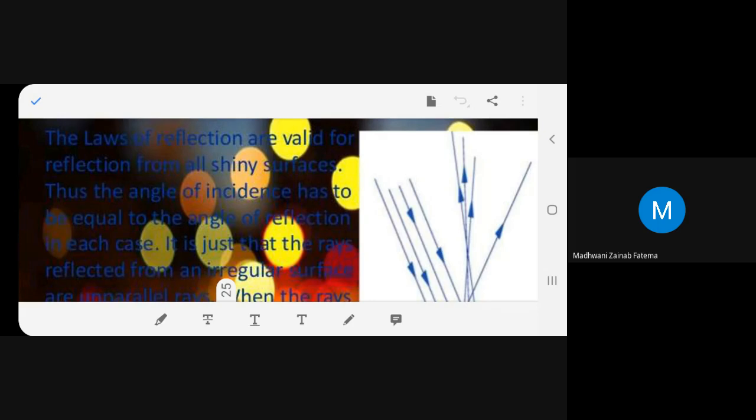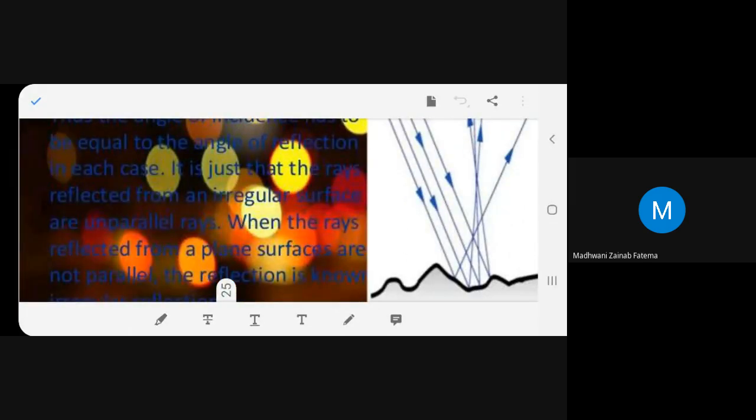The laws of reflection are valid for reflection from all shiny surfaces. Thus, the angle of incidence has to be equal to the angle of reflection in each case. It is just that the rays reflected from an irregular surface are unparalleled rays.